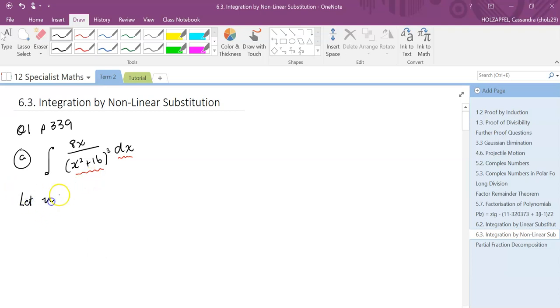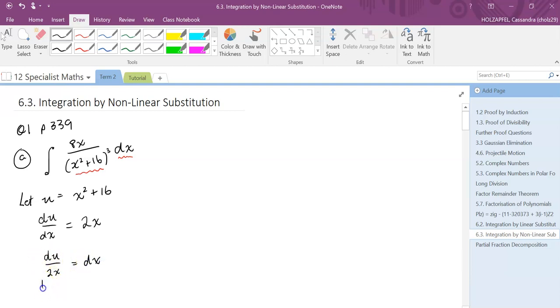So let u equal to the inside function. We always let u equal to the inside function. Then we're going to find the derivative with respect to x, and that is going to be 2x. So if I rearrange this now to express in terms of dx, so I can substitute that in, this is going to become du over 2x is equal to dx.